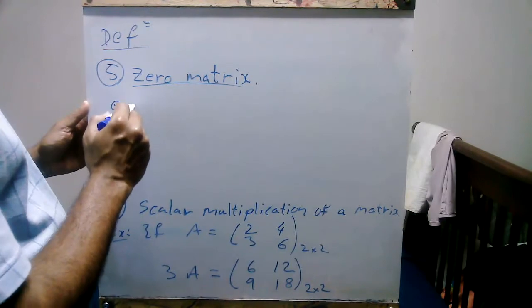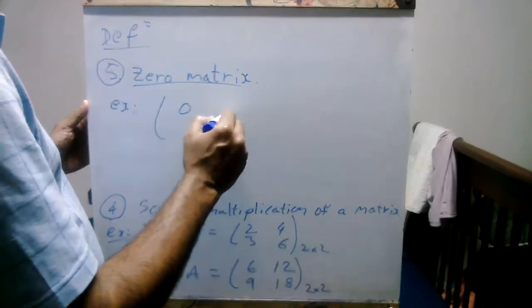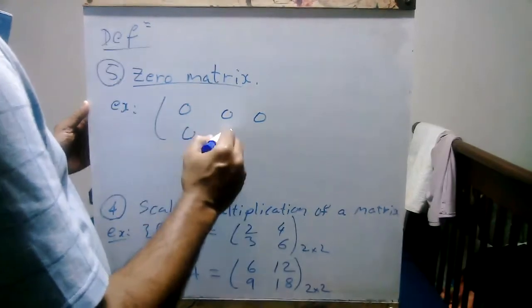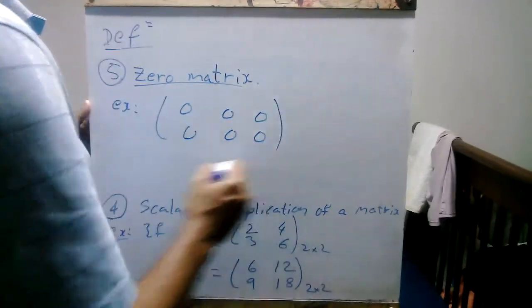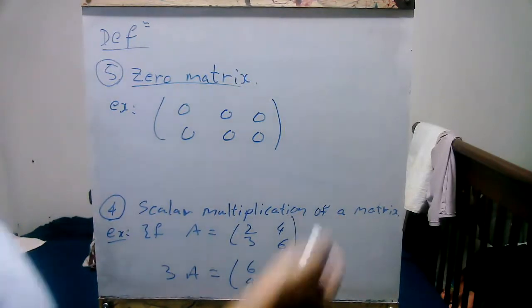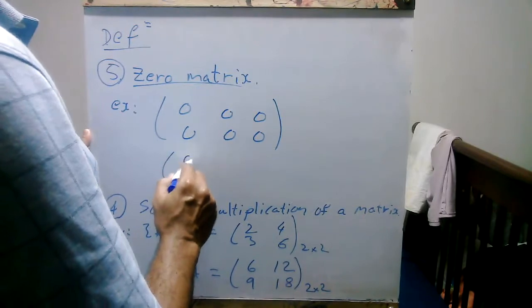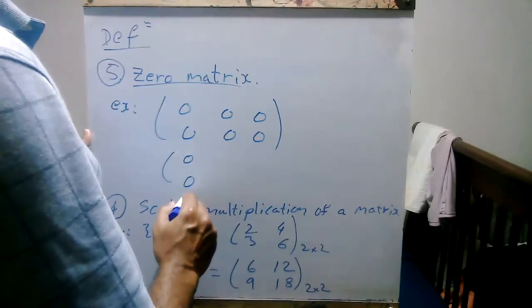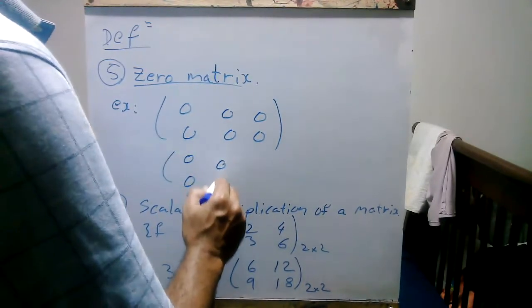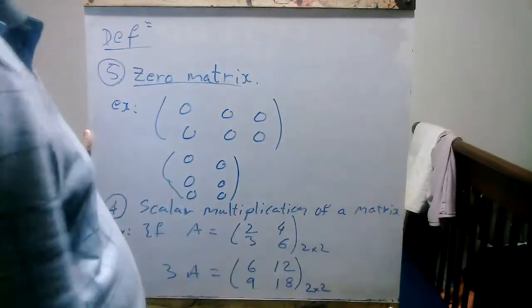Again, example. This is a zero matrix. Or this one. This is a zero matrix.